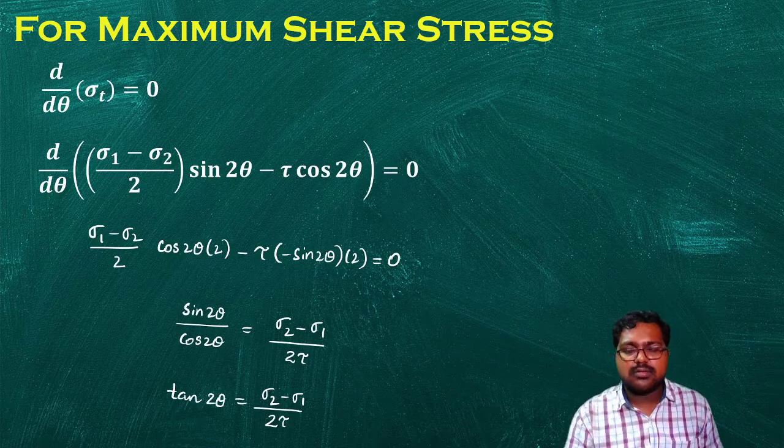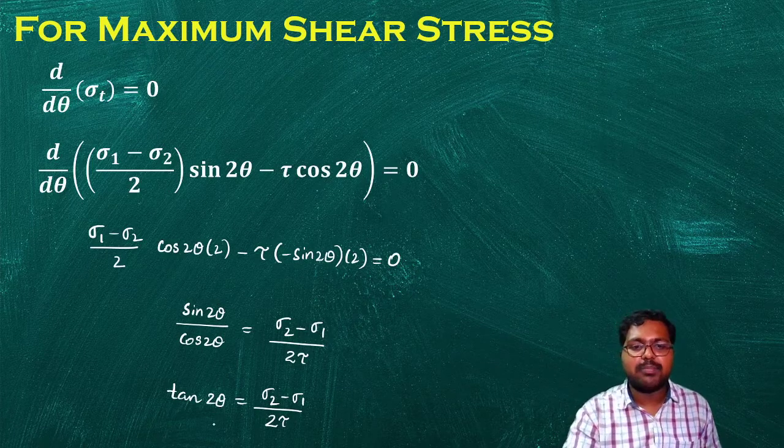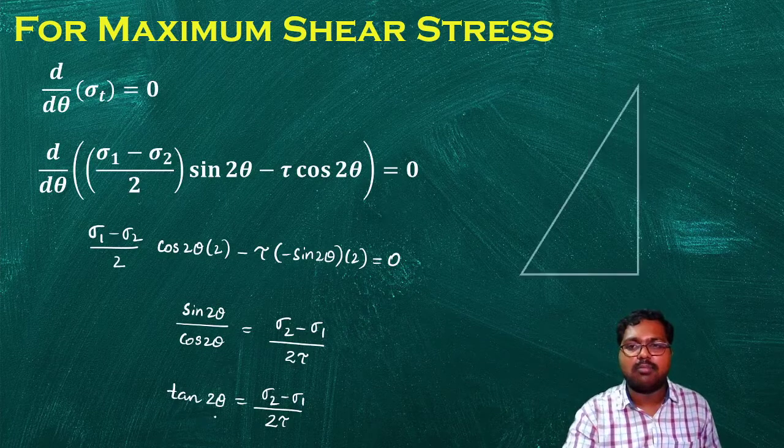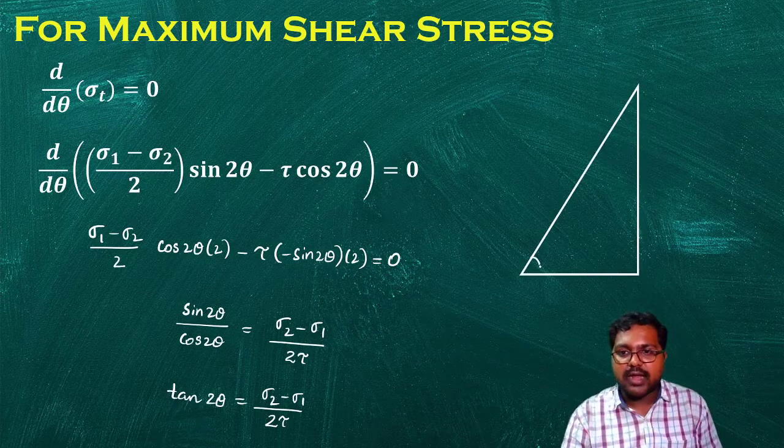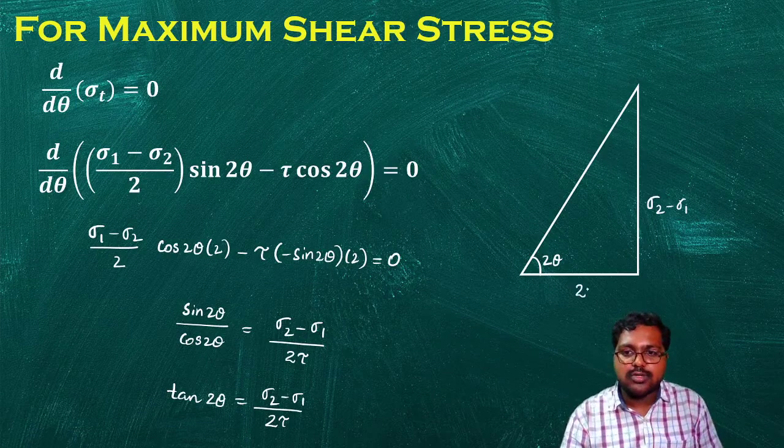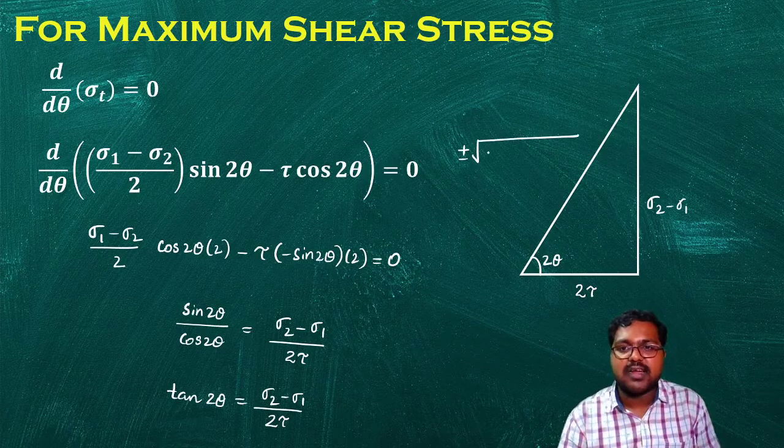So here if we represent it in a triangular form, we will get 2 theta here, opposite side as sigma 2 minus sigma 1 and adjacent side as 2 tau. From this we will get hypotenuse as plus or minus under the root of (sigma 2 minus sigma 1) whole square plus 4 tau square.